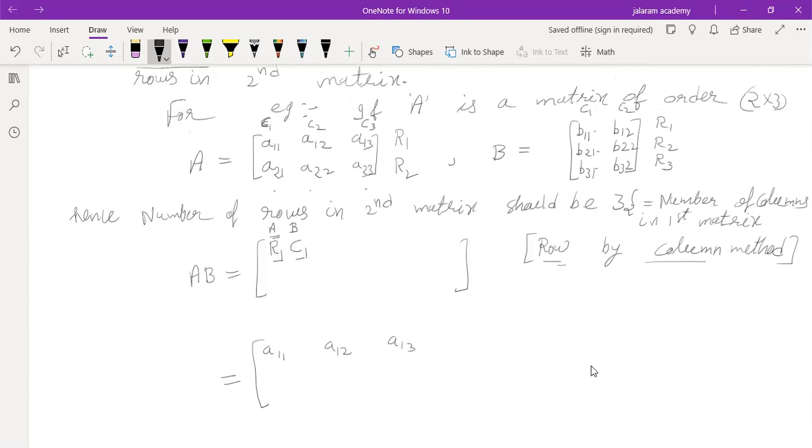They are B11, B21, B31. Is that clear to you?